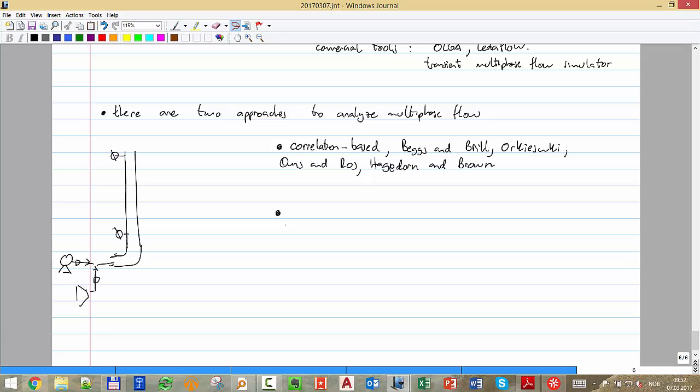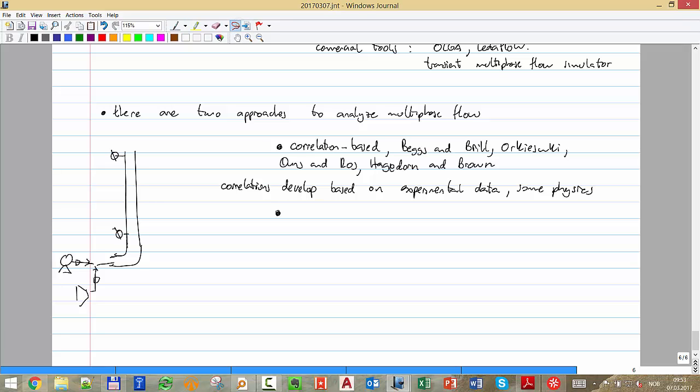correlations. They measure values in the laboratory and they develop correlations, but these correlations, of course, are a bit limited in the sense that they depend on correlations developed based on experimental data. Okay, with some physics, but not much.